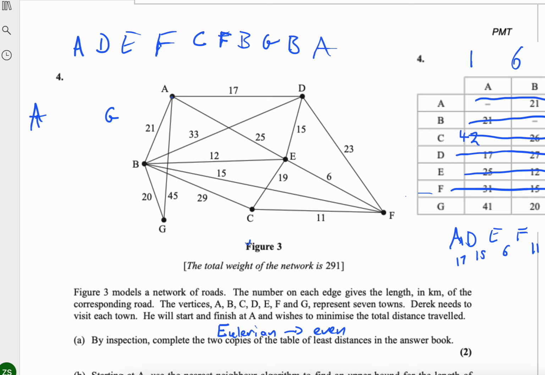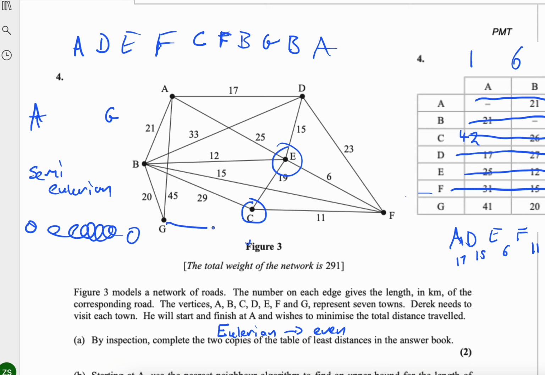Is A odd? No. Is G odd? No. So we need to make them odd. Because what are we making it? Semi-Eulerian. So we want odd, even, even, odd. So we need to connect, to make E and C odd.